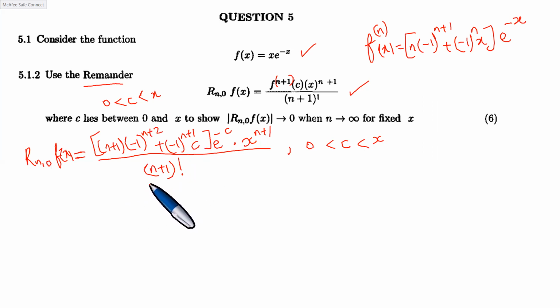But now we must take the absolute value of this, because it is the absolute value that matters. So taking the modulus of this, we have the modulus of that. An interesting question: we might use the triangle inequality here because we have a sum.